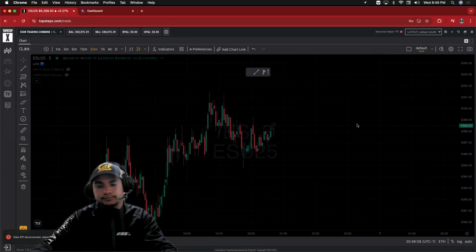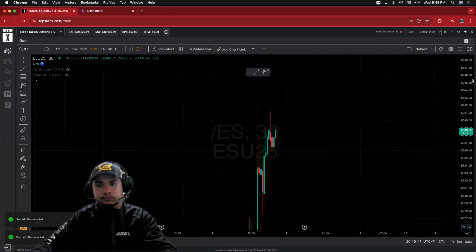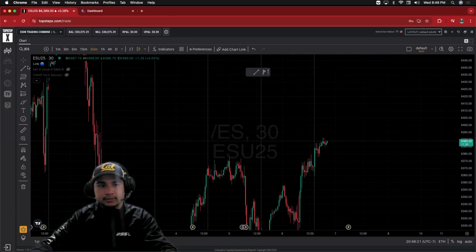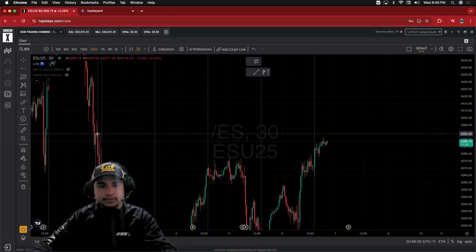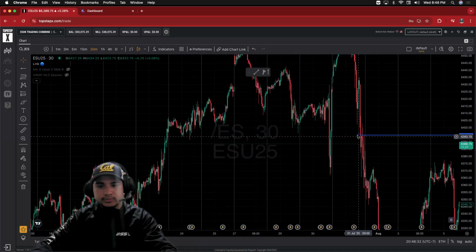So ideally, I would like to watch the market hit any of these areas here. Horizontal array. See what's the most important. So this one's important.